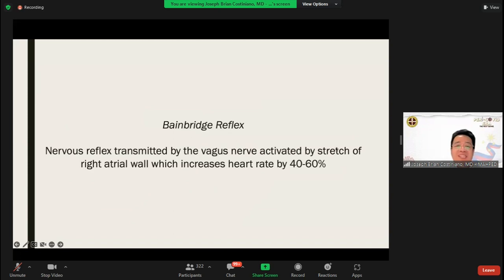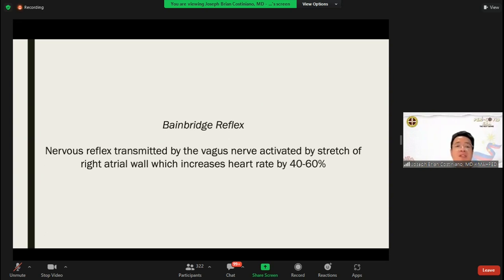Sige po tayo, Bainbridge reflex. Bainbridge reflex is nervous reflex transmitted by the vagus nerve that is activated by stretch of your right atrial wall, no? So ito yung sinasabi natin na your preload or your venous return can also affect your heart rate, di ba? Doon sa table, your preload, which is determined by your venous return, can also affect your heart rate through your Bainbridge reflex.